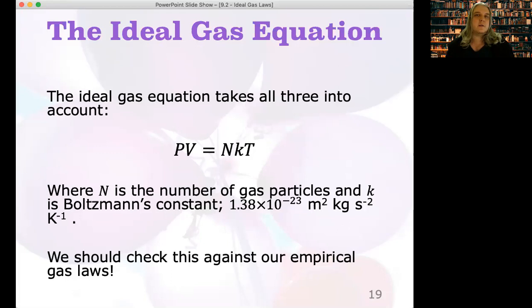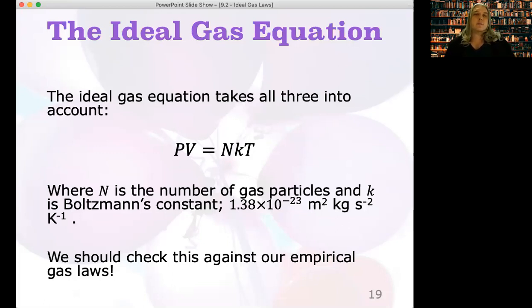It's a lot harder to do than just heating it up, cooling it down, or changing the volume. That said, we're now going to start thinking about the number of gas particles, and we will introduce some problems where we do change the number or compare two systems where the number is different. And the other thing, Boltzmann's constant, is just the number that it has to be to make the equation work.